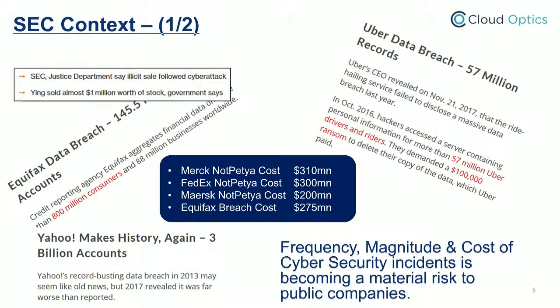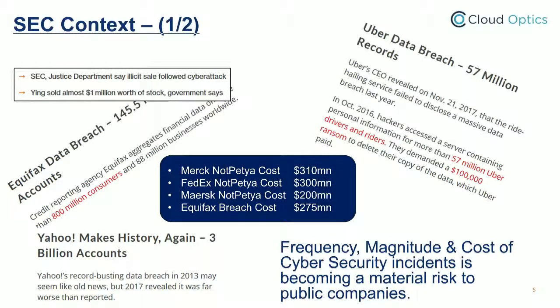Now let's look into the context here, some of the things which have been going on this year and last year. We have seen a slew of breaches, ransomware and other cybersecurity incidents, starting maybe with a data breach where 57 million records were compromised.